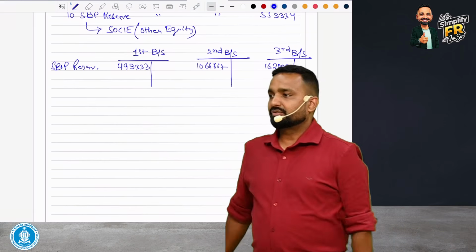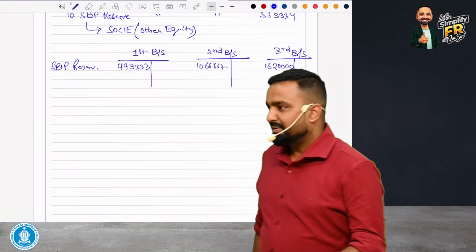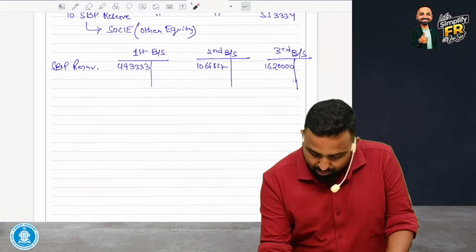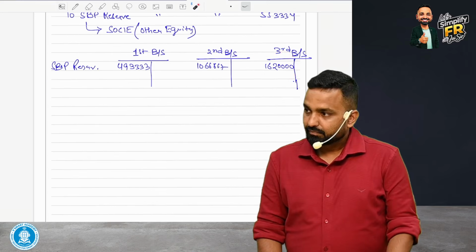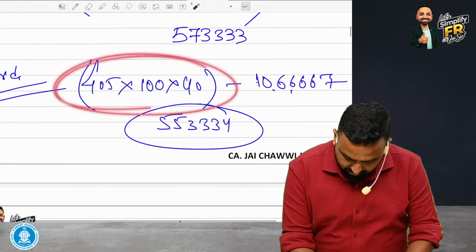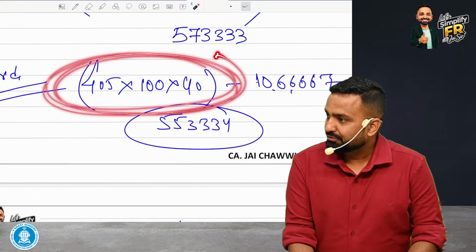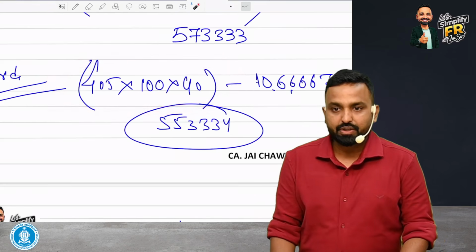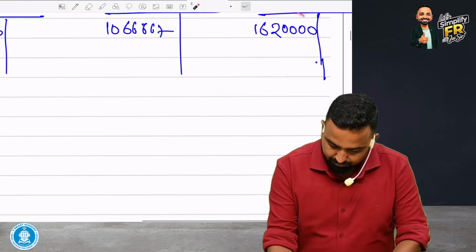Final balance at the end of the third year is 1620 SBP reserve. How is it arrived at with the help of a calculator? 405 into 100 into 40. This is the same.